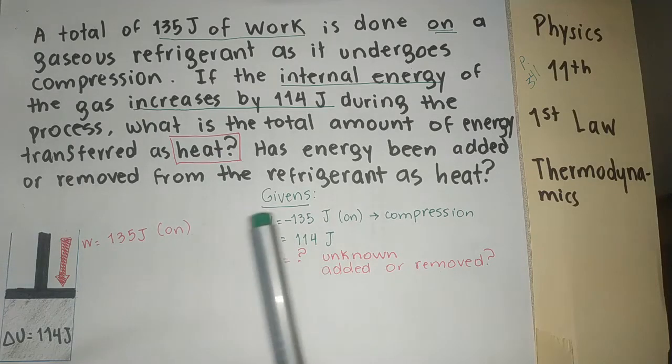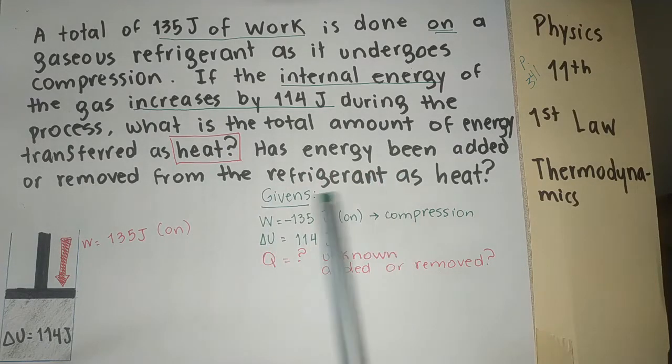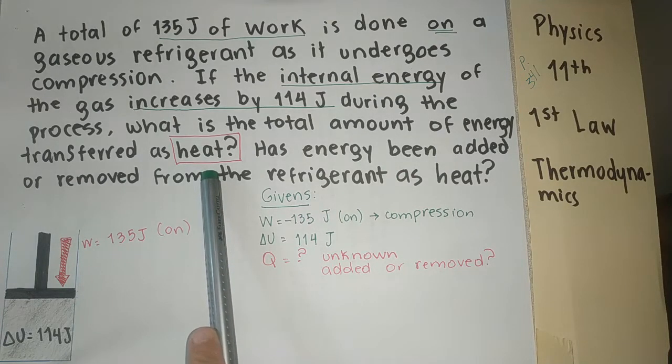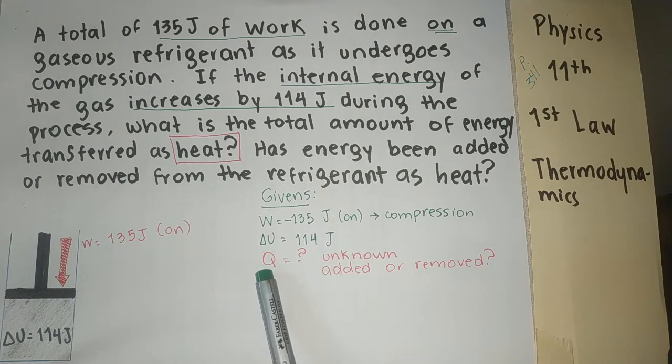Now, what is the total amount of energy transferred as heat? The problem asks me to find heat. How do we write heat? With a Q. So Q is going to be unknown.